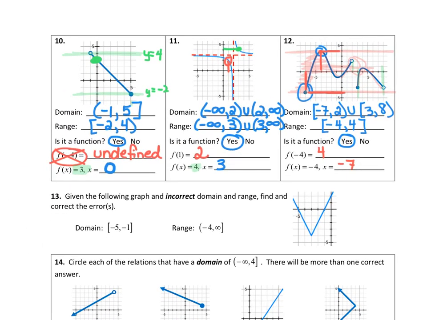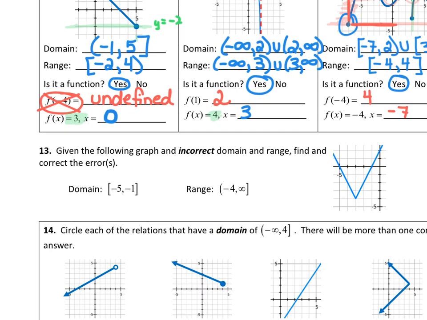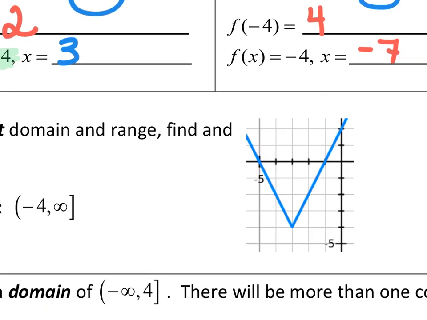Number 13, you're given this graph here, and you're given a domain and a range and asked if that answer is correct. And so the domain assumes, remember that we're supposed to assume that the graph keeps going forever if it goes to the edge of the graph space.